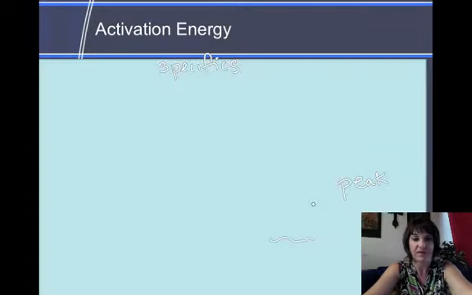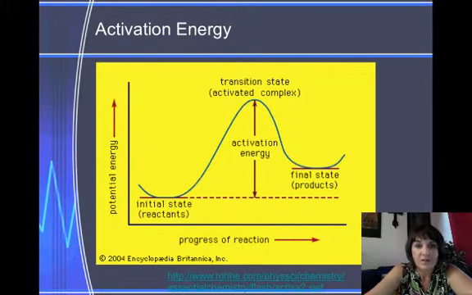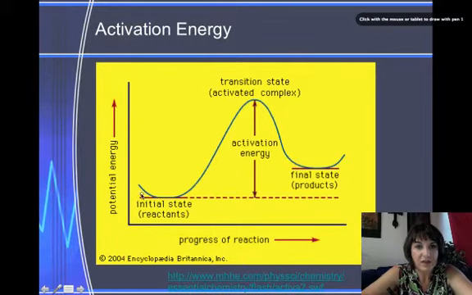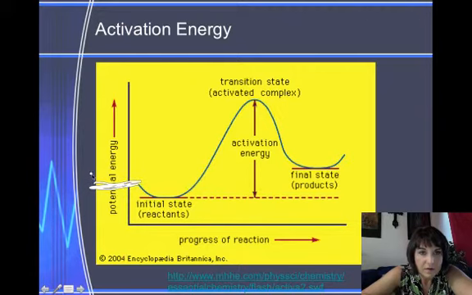Let's have a look at this specifically on a graph. So in this picture, what you'll see is that we have an initial energy. So here's our starting place, E sub O, and then we have a final amount of energy.